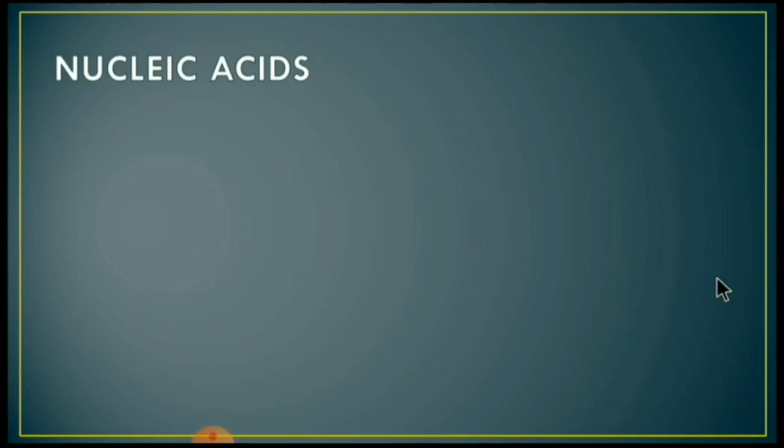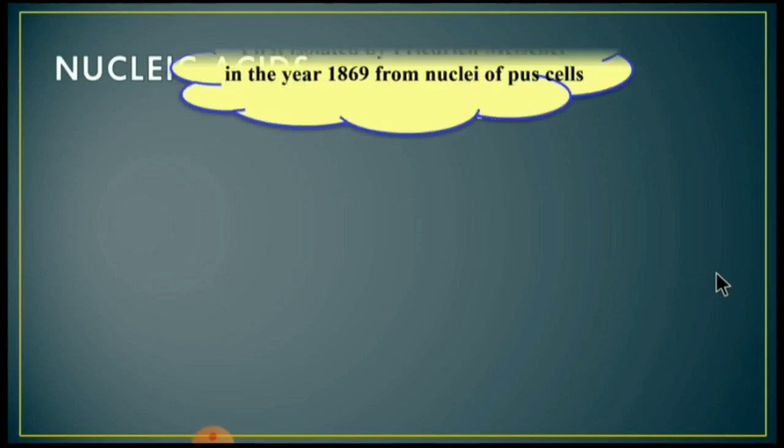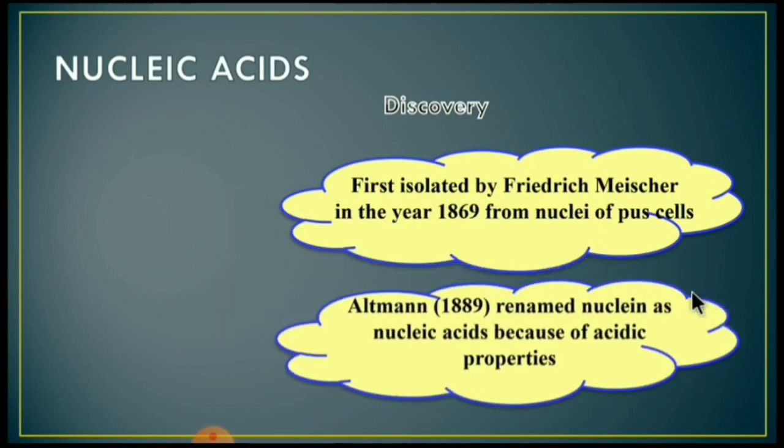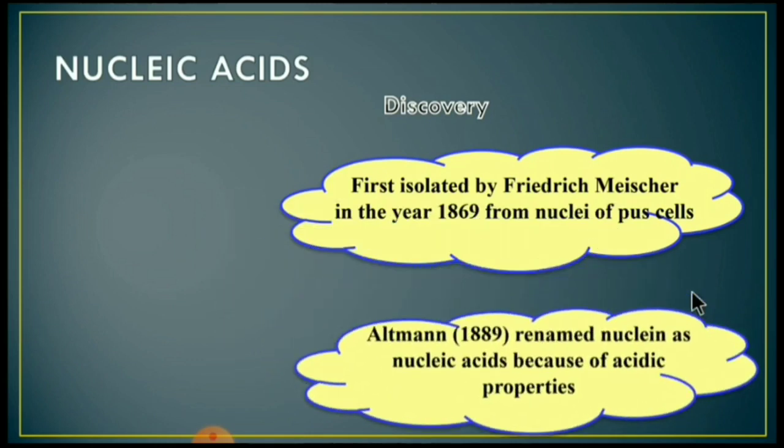These macromolecules were first discovered by Frederick Miescher in the year 1869 from the nuclei of pus cells, and he named it nuclein. Later on, a student of Frederick, Altmann, in the year 1889, renamed nuclein as nucleic acids because of its acidic properties.